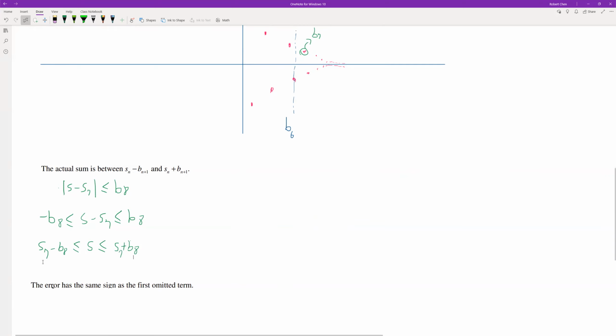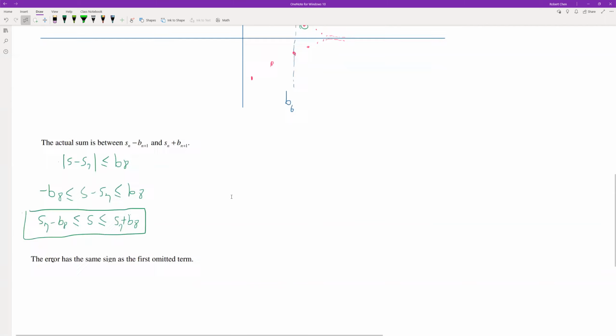The lower bound is S7, the partial sum of the first 7 terms, minus the first term in the remaining series, and the upper bound is the partial sum of the first 7 terms plus the first term in the remaining series. So this is another thing that we can say from the estimation theorem.